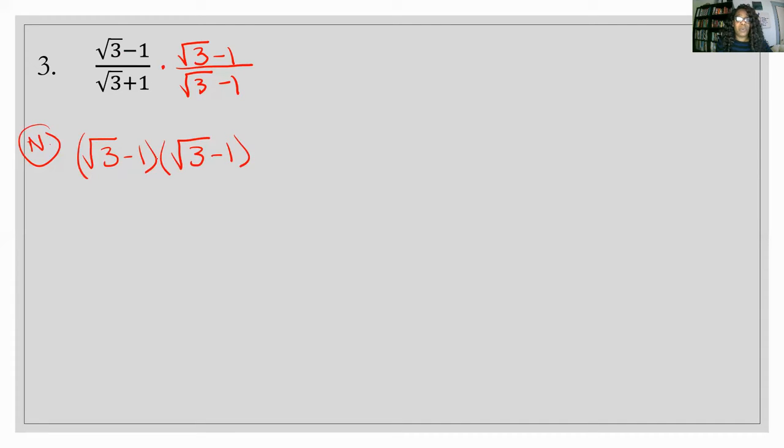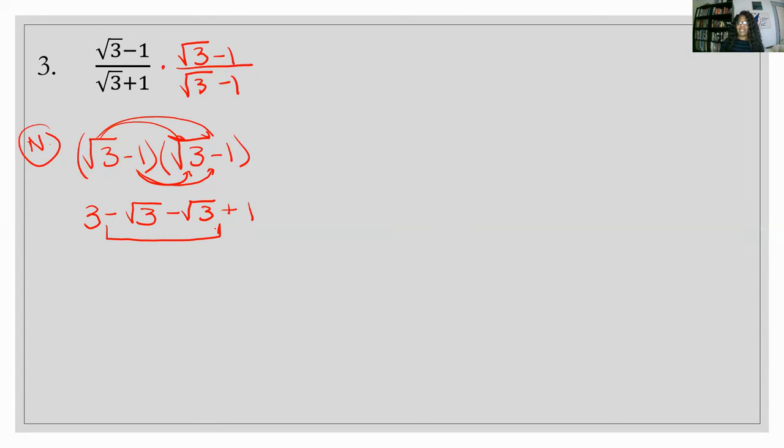So I have square root of 3 times square root of 3, which does give me 3. Then I have the square root of 3 times a negative 1, which gives me negative square root of 3. Then here I'm distributing my negative 1 to everything, so minus square root of 3. And negative 1 times negative 1 gives me a positive 1. Right here in the center are my like terms, but they're not going to cancel out.